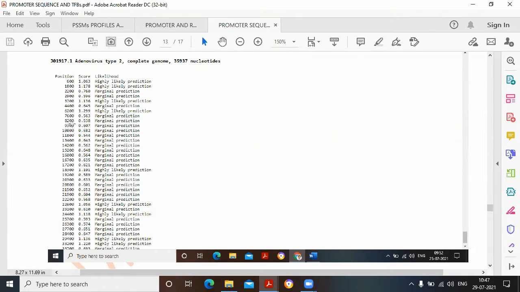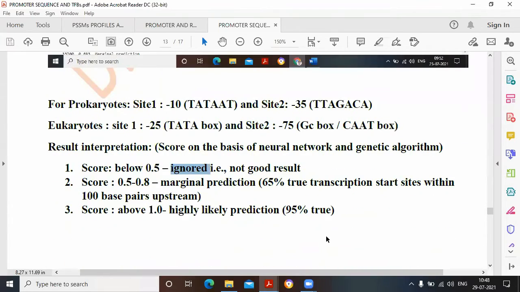For example, 0.538 is a marginal prediction, but we can omit this site because as per this rule it is not fulfilling perfectly. A lot of 0.565, 0.538, and here also 0.56, have been predicted. These are the positions we have to omit. We are not going to consider that part.